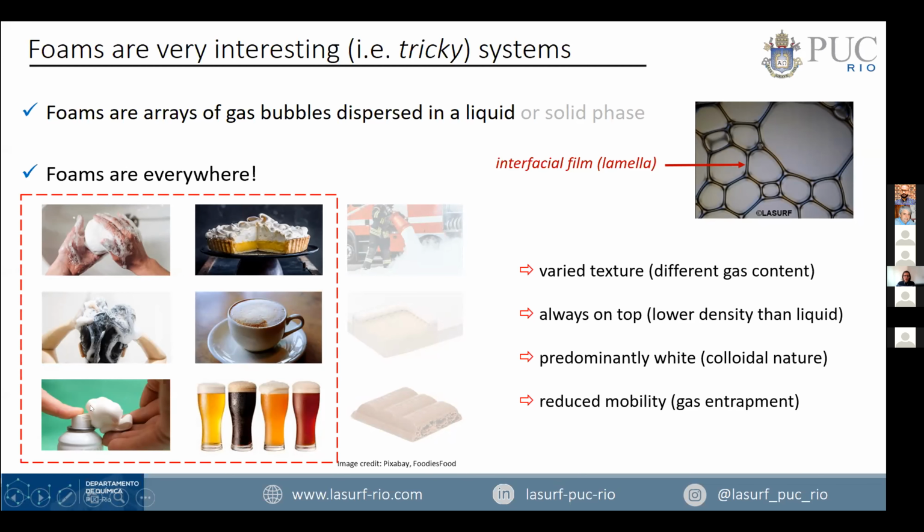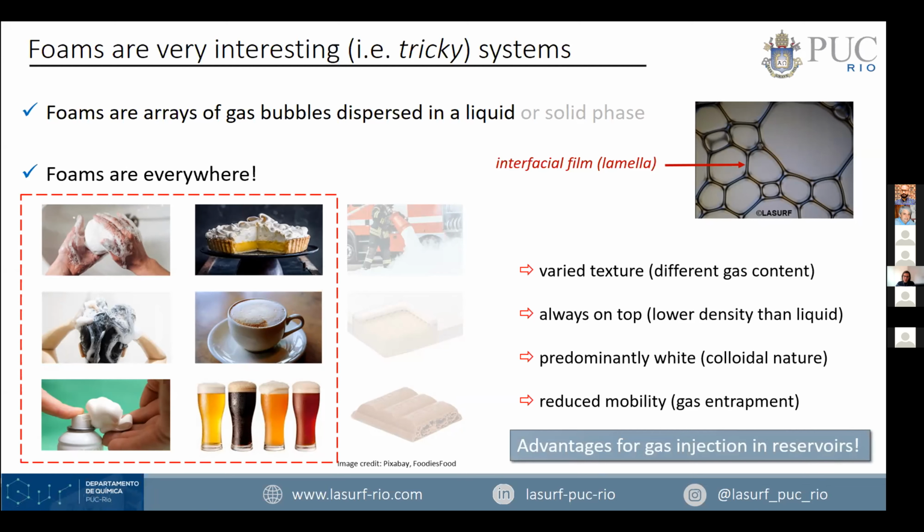You can see some of the foams can be quite viscous, and they have quite reduced mobility. That has to do with the entrapment of the gas bubbles and the amount of gas that is distributed inside those foams. And these characteristics that you can see in everyday foams are the ones that make them very attractive for use to reduce the gas mobility in these reservoirs.